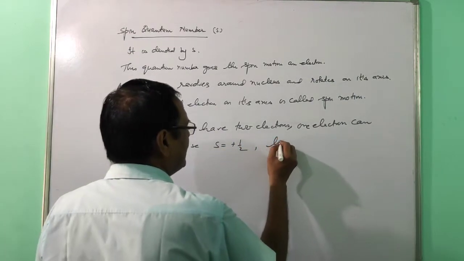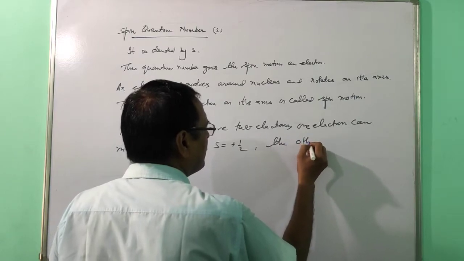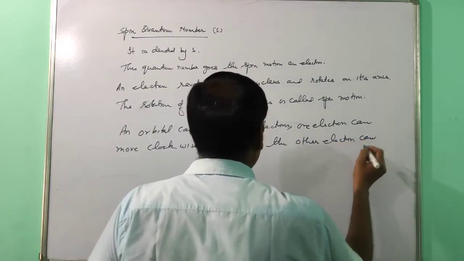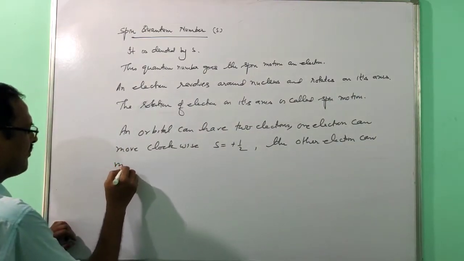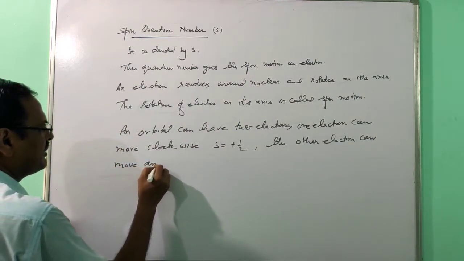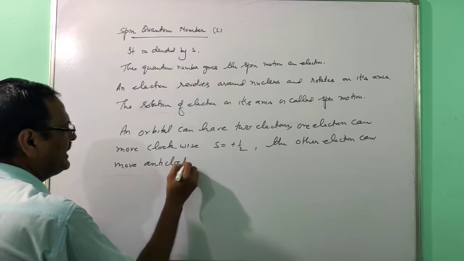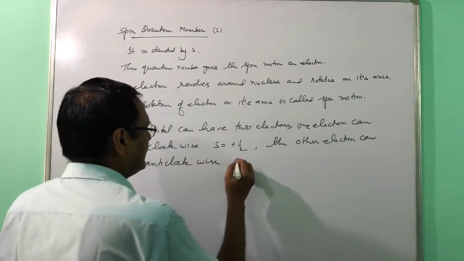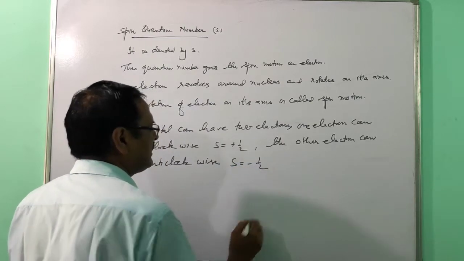The other electron can move anti-clockwise, s will be minus half.